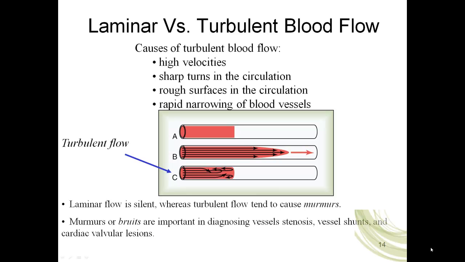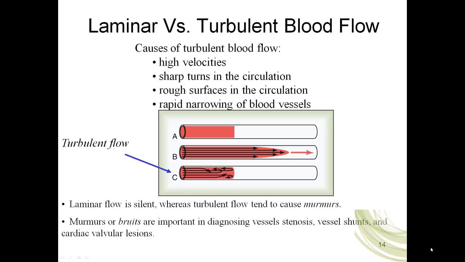Now, that's how blood is supposed to flow, laminar. But blood can also experience turbulent blood flow. We see turbulent blood flow in our body anytime there are sharp changes or turns in blood vessels. For example, the descending abdominal aorta, one of the branches coming off that aorta is the renal arteries, and they come off at almost a 90-degree turn.